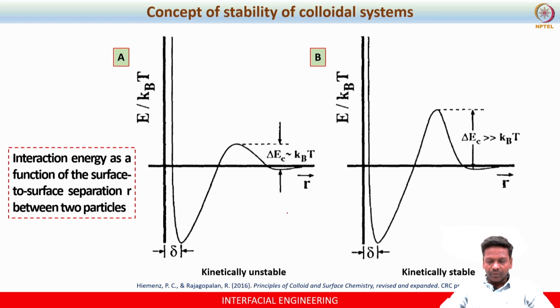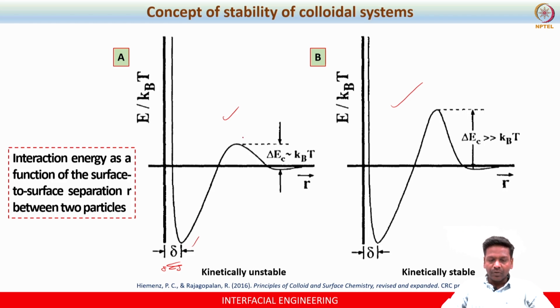The best example of a kinetically stable system will be when they go through this profile, compared to this one. If you look here, the secondary minima and primary minima: whenever a particle reaches this distance of separation, there will be a primary minima, and when it goes through this primary minima, there will be irreversible attraction. Due to irreversible attraction, there will be aggregation. Once the aggregates are formed, it is very difficult to separate them.